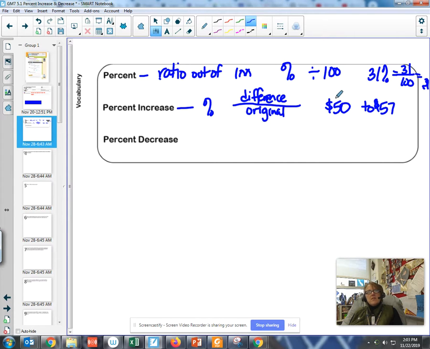So here's my start. This is my original. And here's my ending value. How much did I change? Well, I went from 50 to 57. So if I take those two and subtract, my difference is 7. I started with $50. 7 over 50, you want to turn that into a percent.